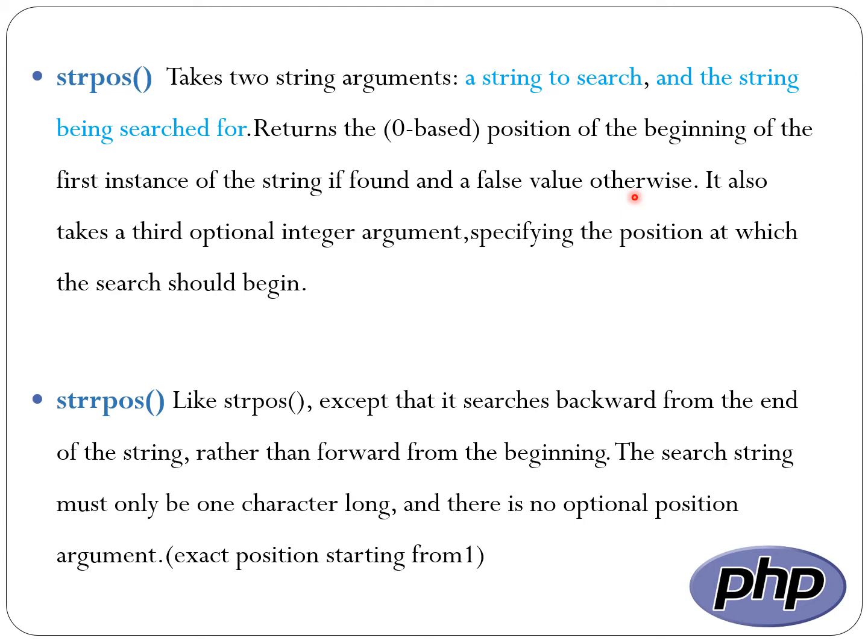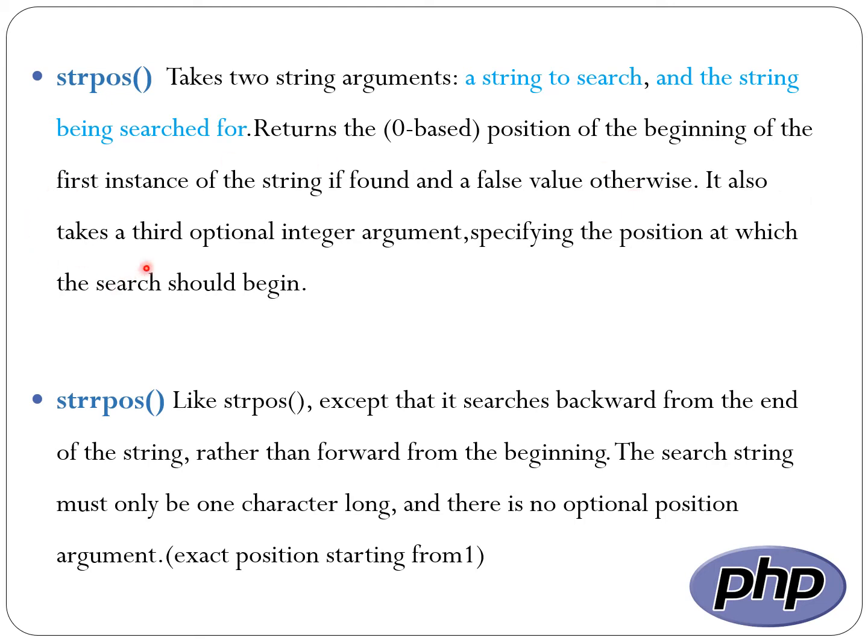So if the searching string is available in the string, it will produce the index position which is based from 0 onwards. The beginning of the first instance of this searching string will be returned. Otherwise, this particular function will return a false value.